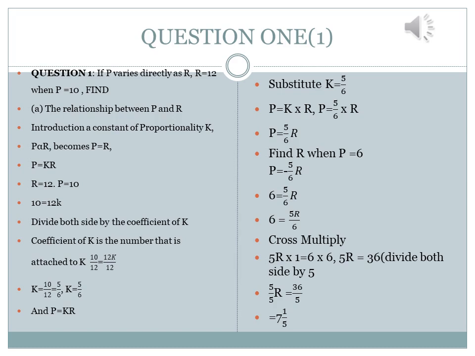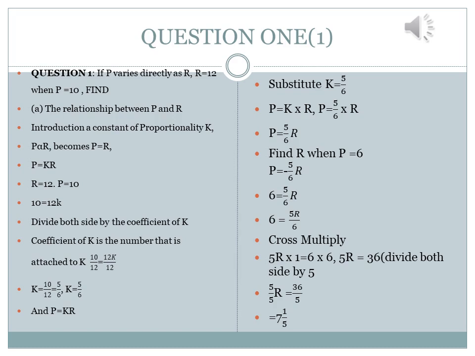Find A, the relationship between P and R. In order to look for the relationship between P and R, we have to introduce a constant of proportionality K. So P varies directly as R becomes P is directly proportional to R. Then we have P is equal to KR. P is equal to KR is the same thing as P equal to K multiplied by R.